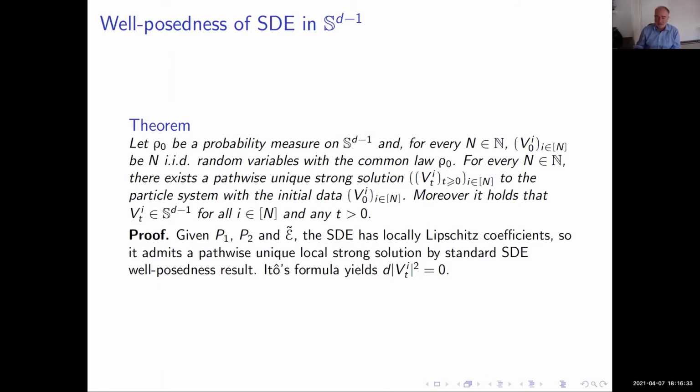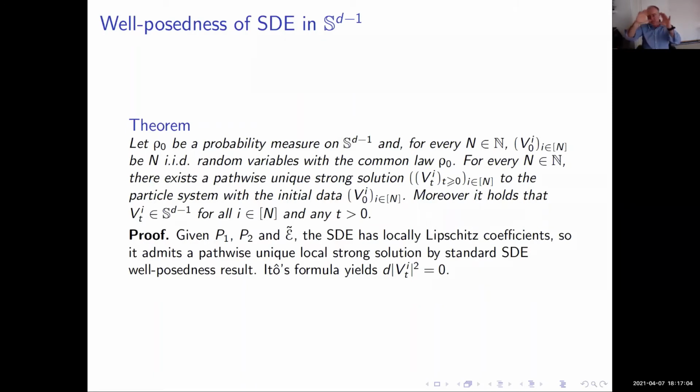But then the Ito formula applied to the norm squared, so the differential of the norm squared, can allow you to prove, using all the terms, including the third one that I mentioned to you, that was a sort of higher order correction, that the solution of the system, if it exists, always has a constant norm.